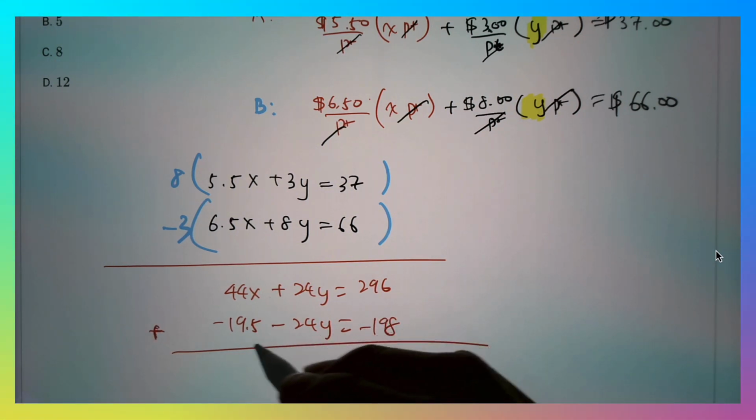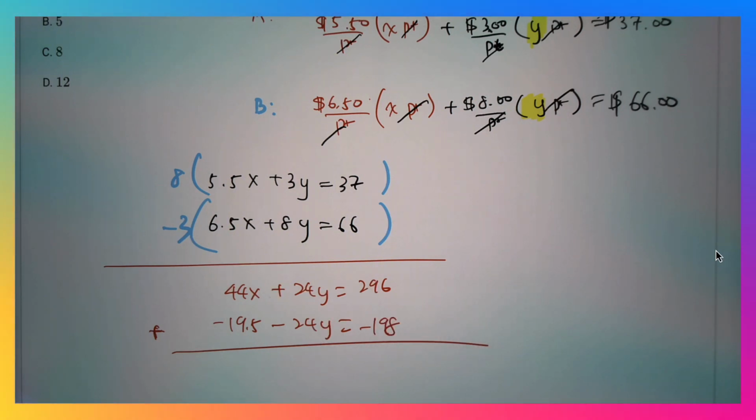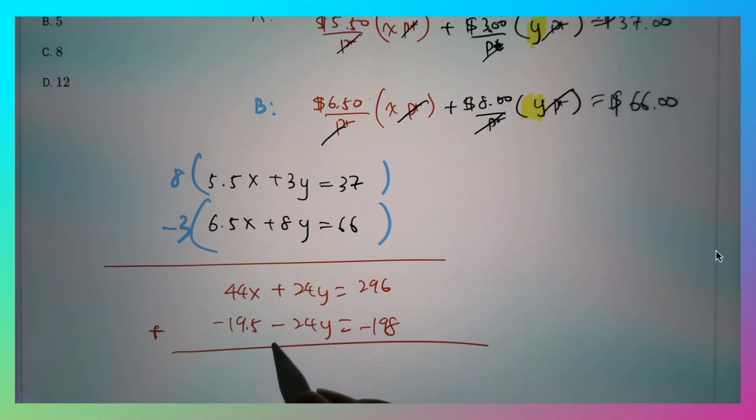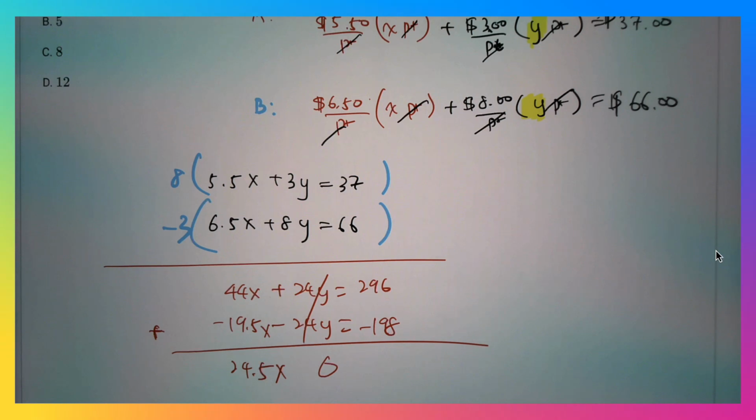All I have to do is look at the columns and combine like terms. 44 minus 19.5 is giving me 24.5x, and the y's are gone, and 296 minus 198 is giving me 98.